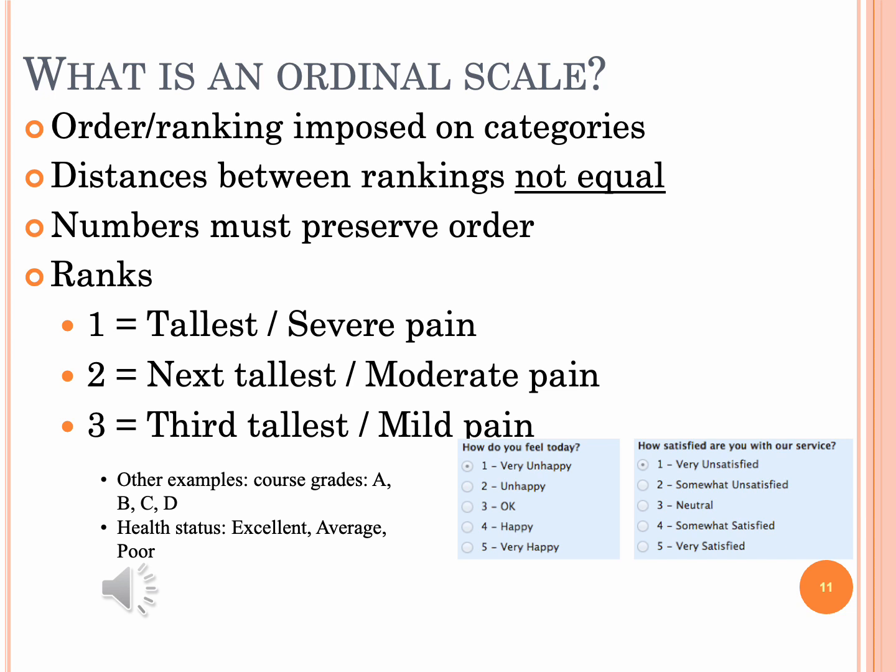Or if you have asked people to rate their health-related quality of life, from very well to very unwell. So those are all ranked. We understand that very unhappy is on the other end of very happy. So we understand that there's a ranking, but we can definitely not say that there's a specific distance between these different categories.